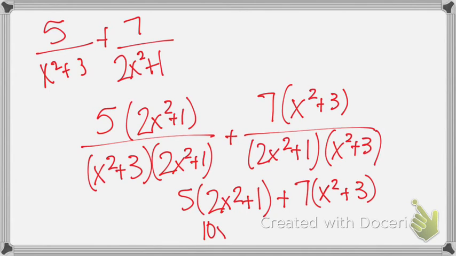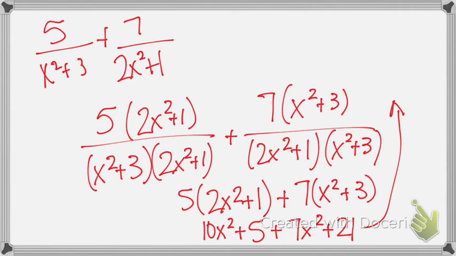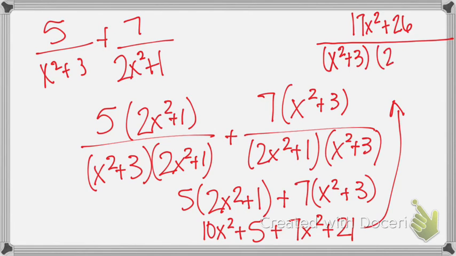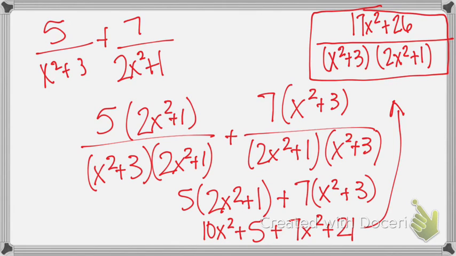So that is 10x squared plus 5 plus 7x squared plus 21, which leaves us with 17x squared plus 26, and all over our denominator that we made common, which was x squared plus 3 times 2x squared plus 1. So here is my answer.